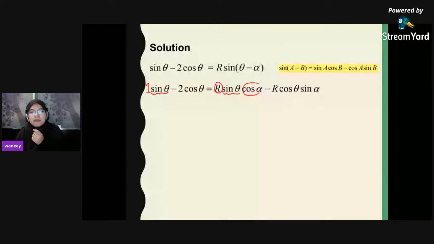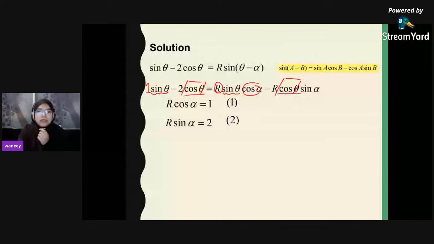And then if you compare for theta, cos theta, cos theta, it simply means that r sine alpha is equal to 2. So we got the first equation and the second equation, and in order to calculate the value of r, of course, you have to square the first equation plus the second equation, and then simply factorize the r square.